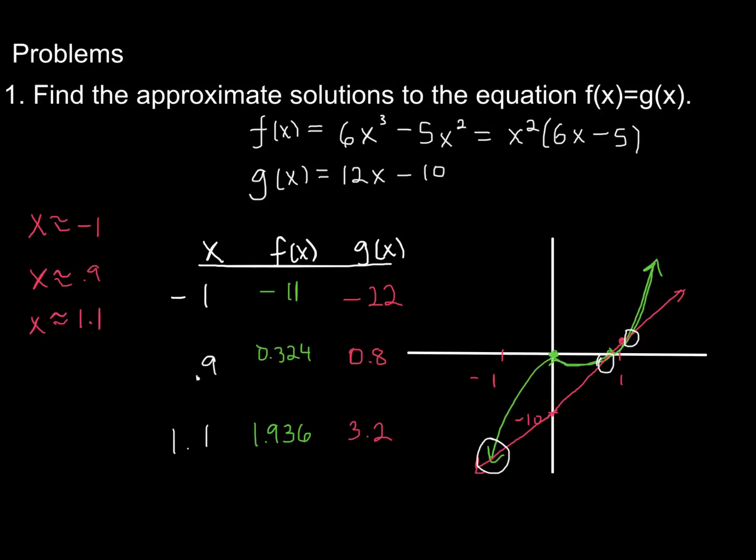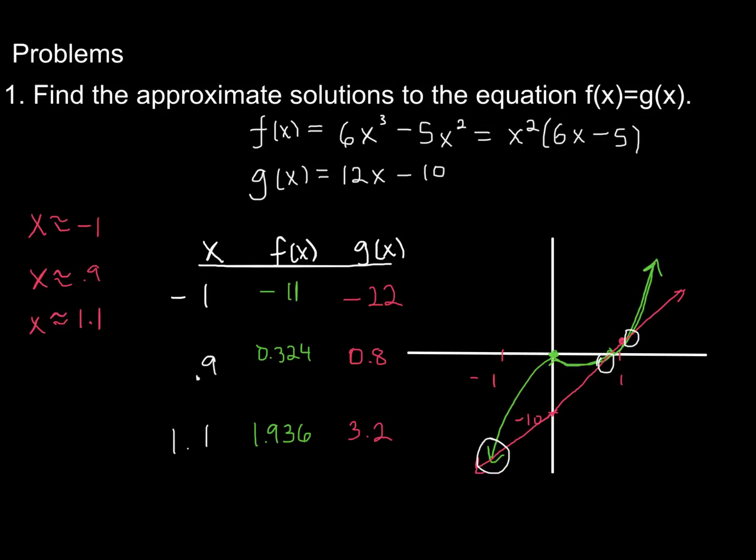And if you wanted to try 0.8 or 1, you could see which one is getting you closer, and you could try and really hone in on it. With 1.1, we also get pretty close. We're about 1.3 away. And again, you could try plugging in 1.2, seeing if that got you closer. You could try plugging in 1.05 to see if that made the y values closer, and you could try and get closer that way. The one where we're a little bit off is when you plug in -1.